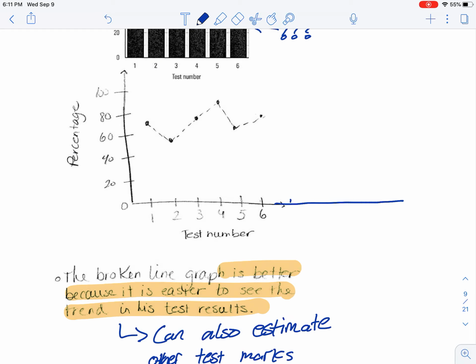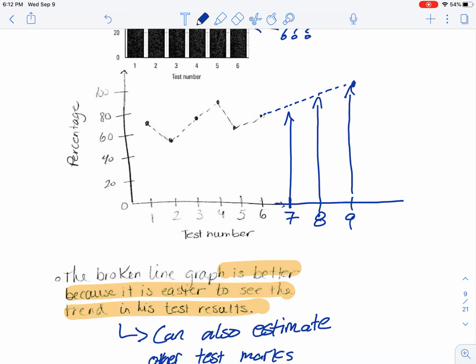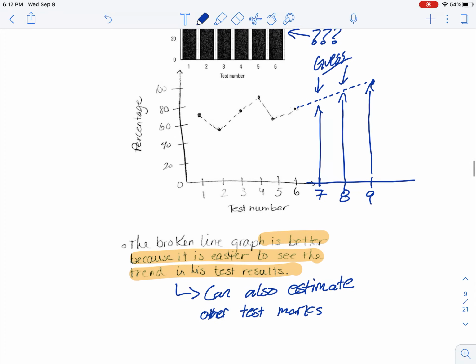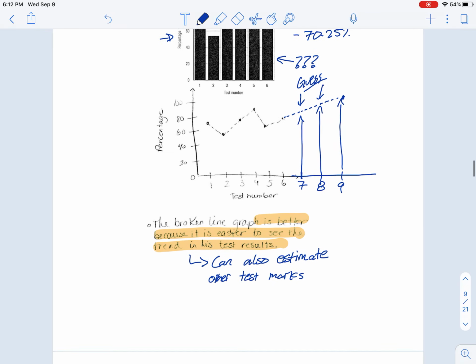Say we took a few more tests, but say we missed jotting down 7 and 8's data. Okay, and then on the 9th test, he got 100. I would assume that on the 7th test, he did a little better. On the 8th test, he did even better. And then on the 9th test, he completely aced. Okay, so you can kind of guess these two. Okay, so that's the beauty of a broken line graph.